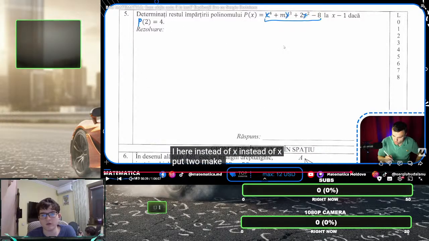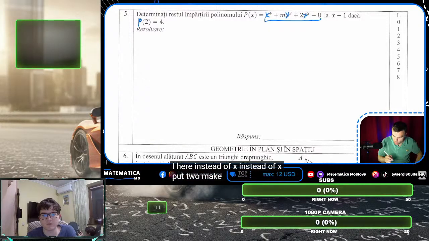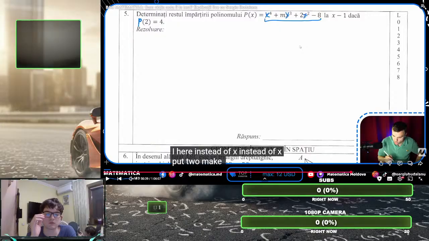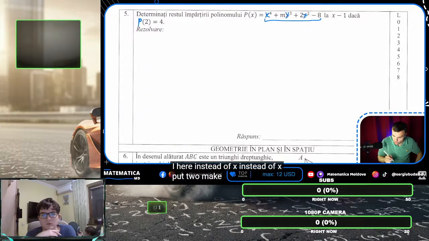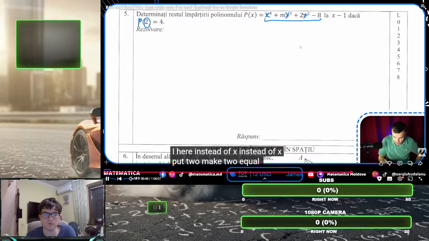Now here, we got this fraction, and I guess you just put 2 instead of x and you equate to 4, and then you basically put the value divided by x minus 1 and you get something like this.